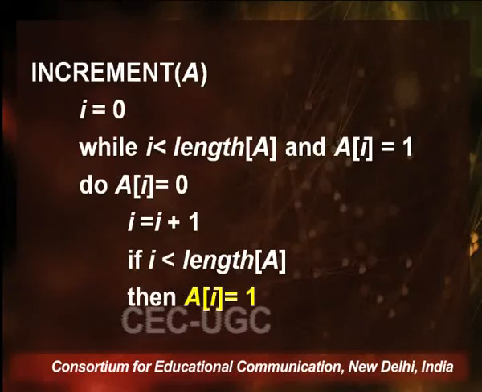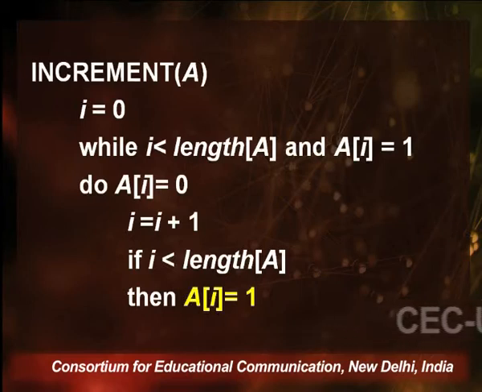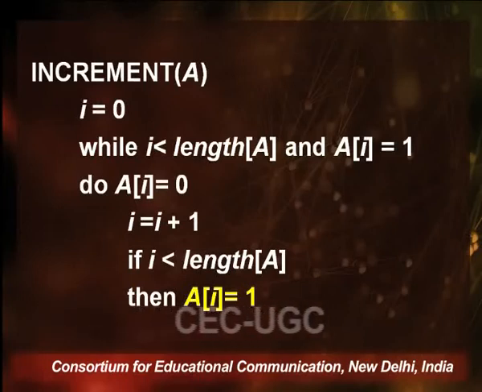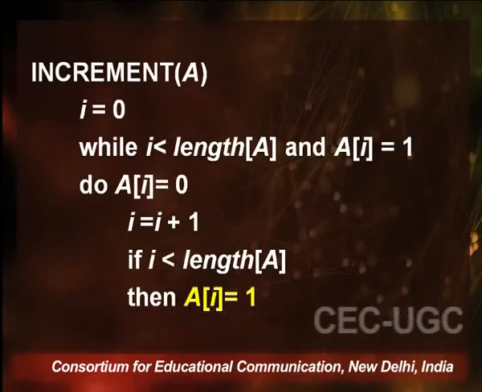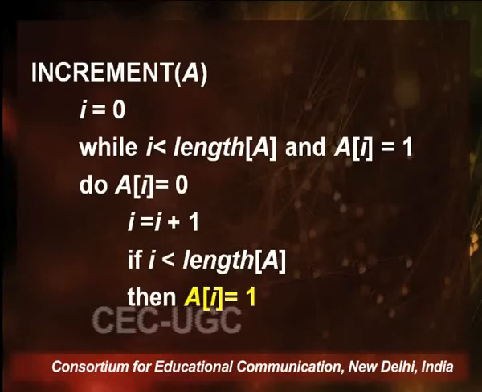While i is less than length of a and a of i equals 1, we set a of i to 0 and increment i. Then, if i is less than length of a, we set a of i equals 1. This is the standard code for the increment operation, and we have explored it in detail in our previous lectures.